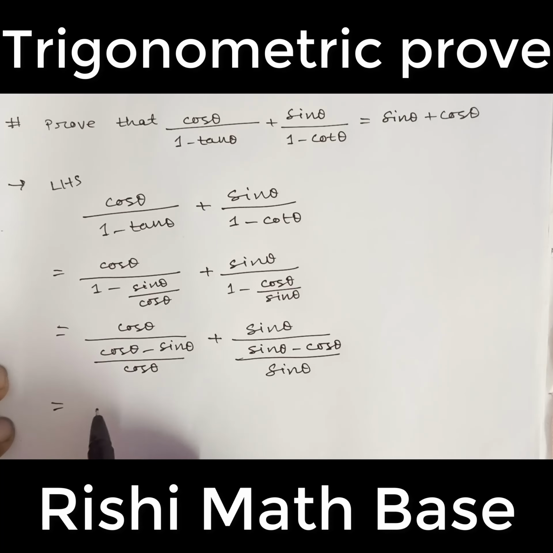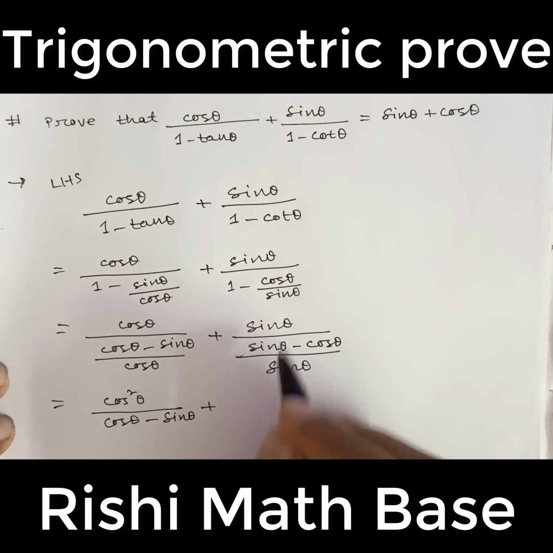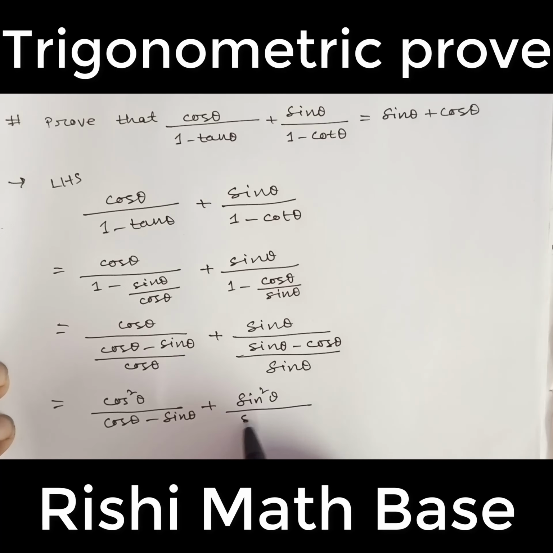It will multiply here, so cos square theta by cos theta minus sin theta plus sin square theta by sin theta minus cos theta.